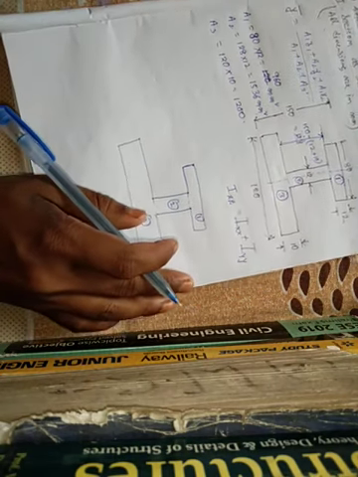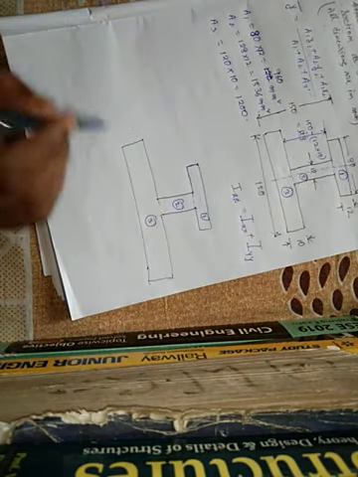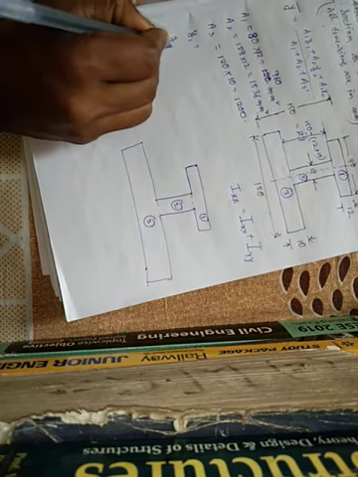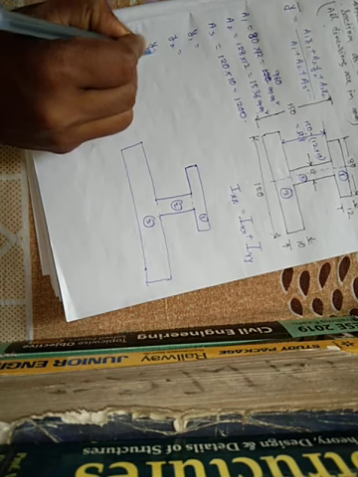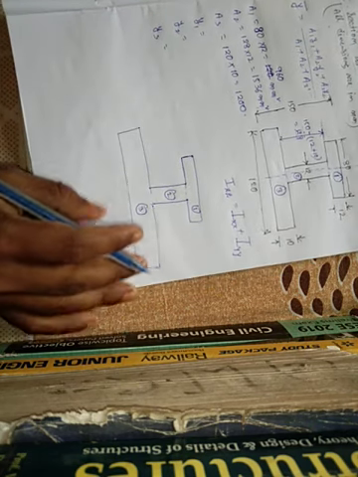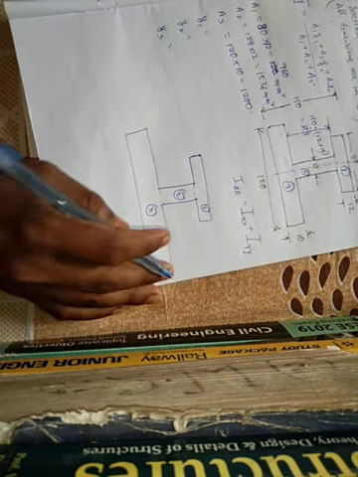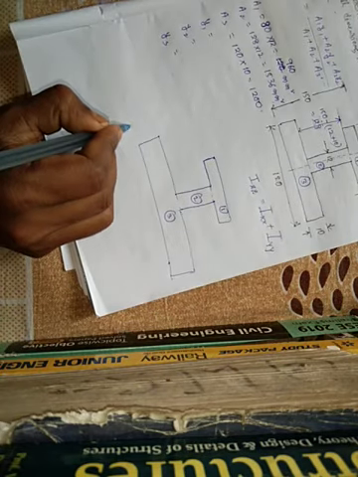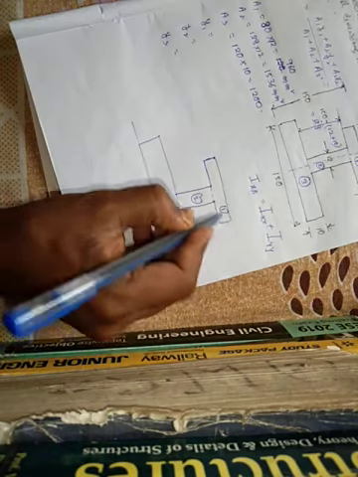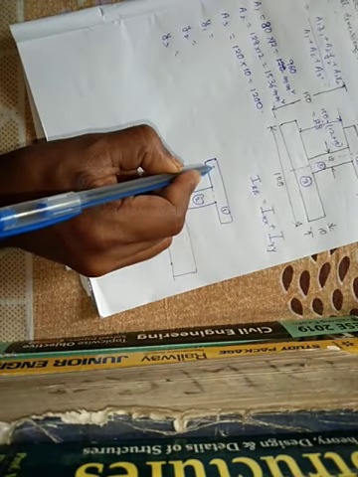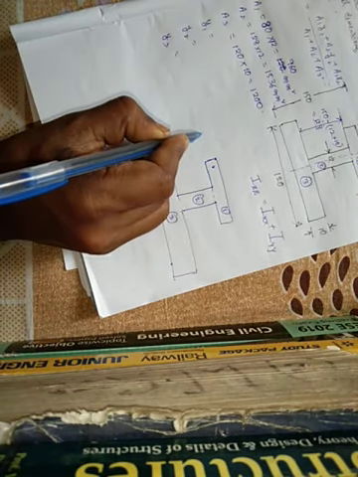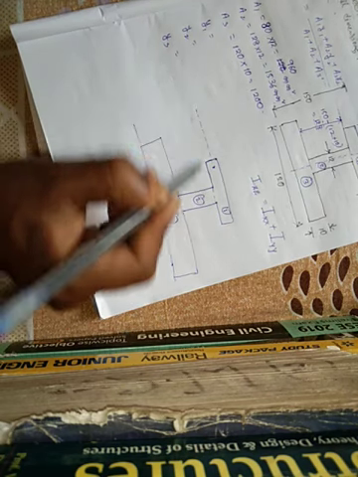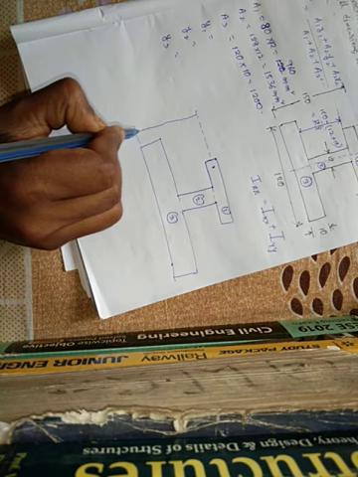So find out y1, y2 and y3 from the base. From the base, y1 is the distance from the CG of the top flange to the base.